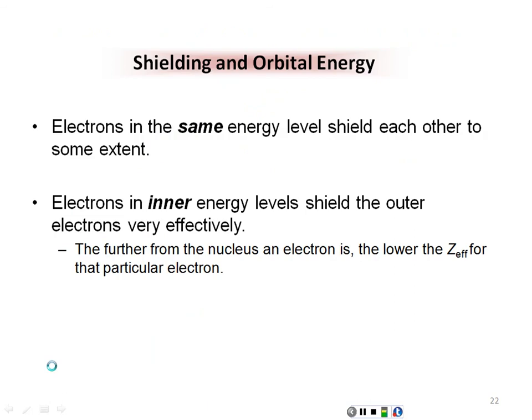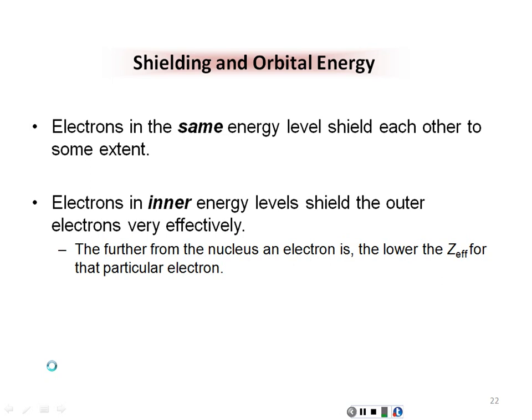Okay, now let's talk about electrons. That was just for the case with one electron. What if we have more than one electron in the same energy level? Well, electrons in the same energy level, the same principal quantum number, shield each other to some extent.